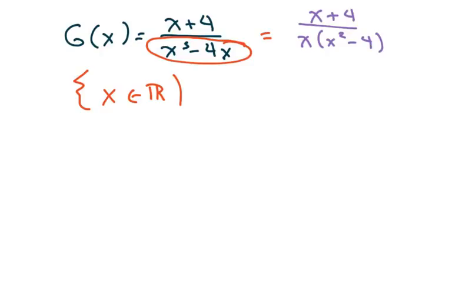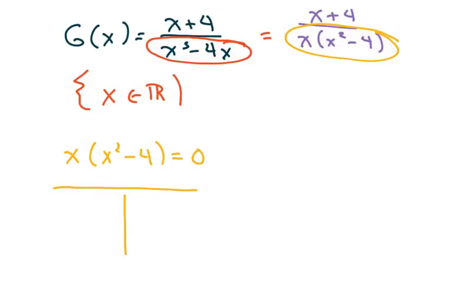So set this denominator to 0. So we have x times x squared minus 4 equals 0. Break it up. So we have x equals 0, and x squared minus 4 equals 0.